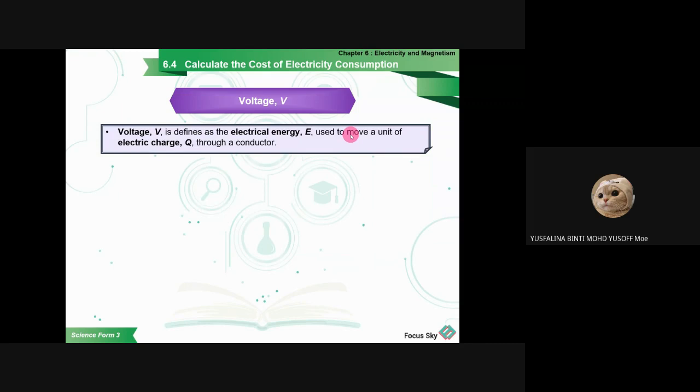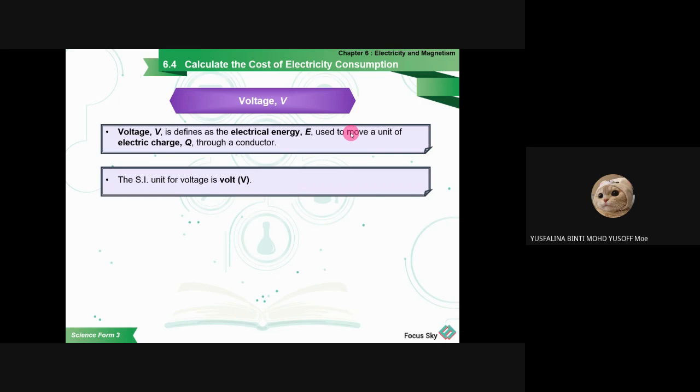The energy to move the electron from one point to another point, we call it voltage. So how much energy you need to move an electron from one point to another is the voltage.